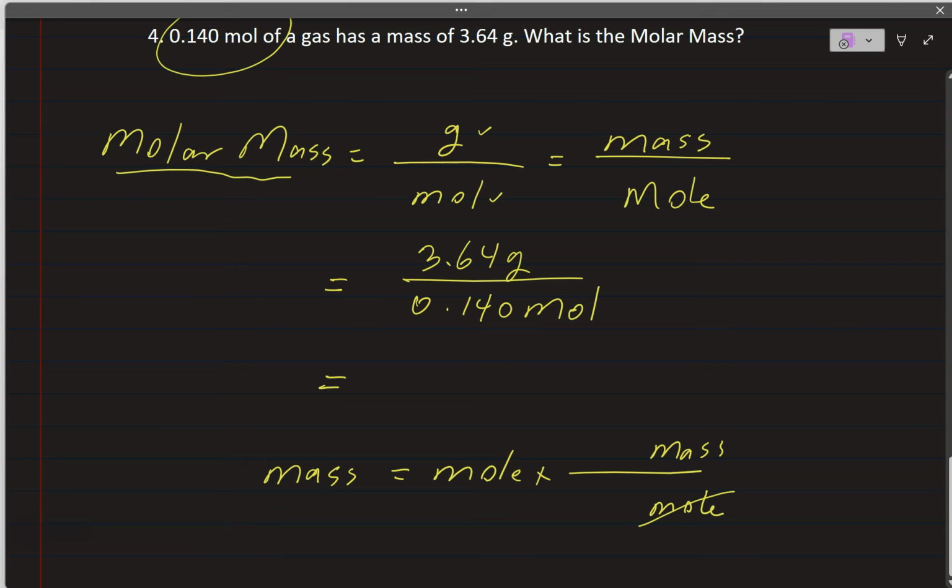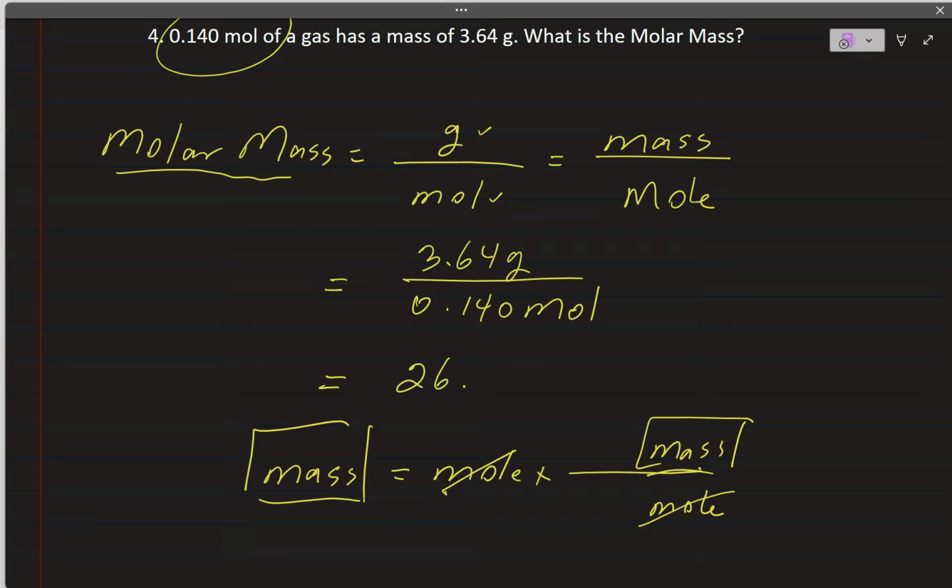And look what's happening. The mole and mole cancel out. You'll end up getting mass, which is what you want. Every time that will work. All right, here, we're just going to go through it this way, which is the same. And then we're going to write up the answer. And the final answer in here is 26.0 gram per mole, which is the molar mass.